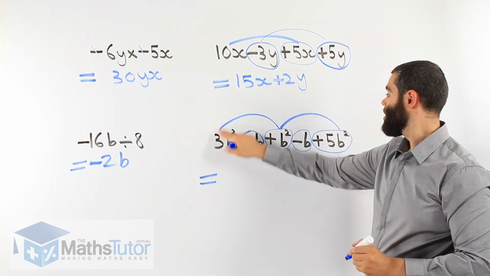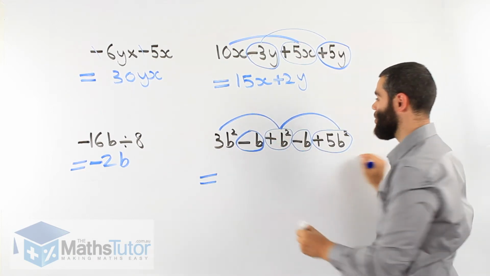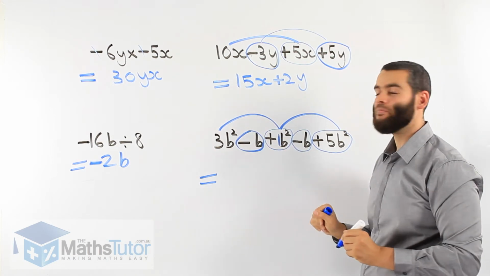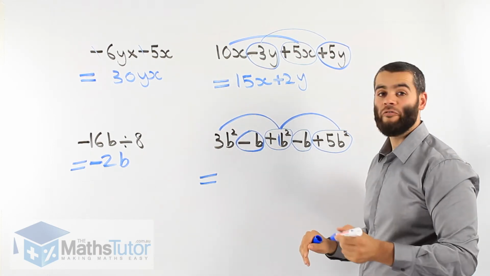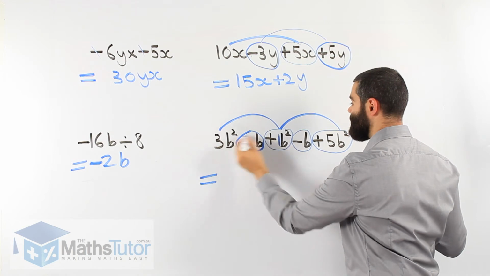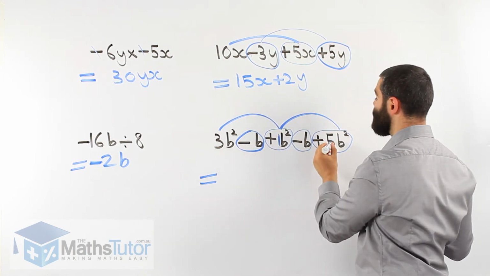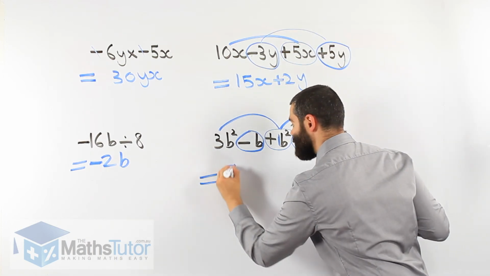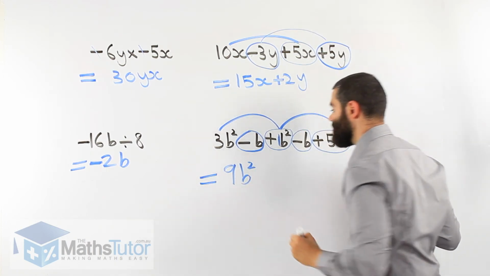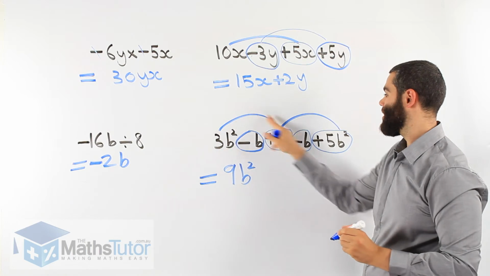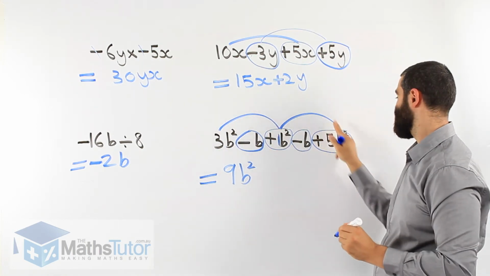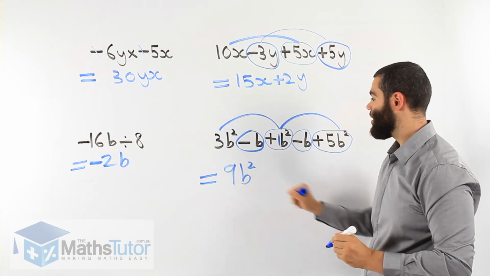3b squared plus b squared. There's an invisible one here. So 3b squared plus b squared, meaning 3 plus 1, 4b squared, plus 5b squared. So 4 plus 5, 9b squared. So they're completed now. 3b squared plus 1b squared plus 5b squared, 9b squared.